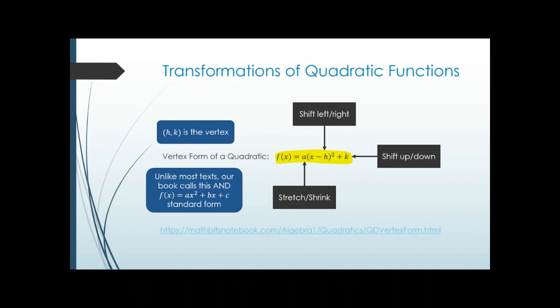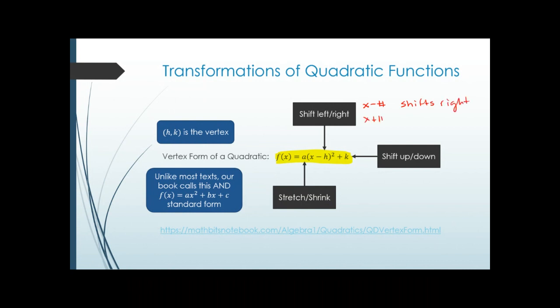The value that's subtracted from x tells you whether you shift left or right. You do the opposite. If it's x minus a number, you're shifting to the right.